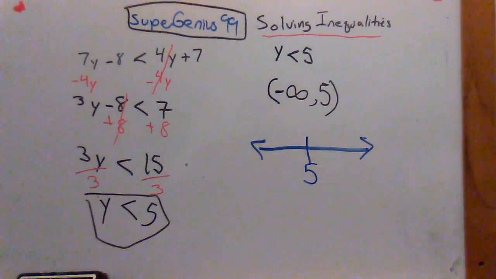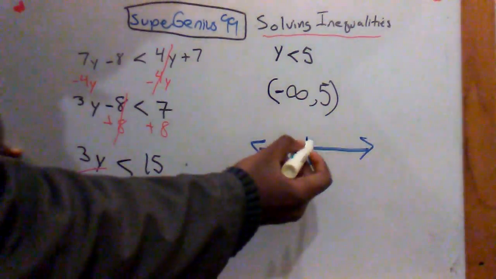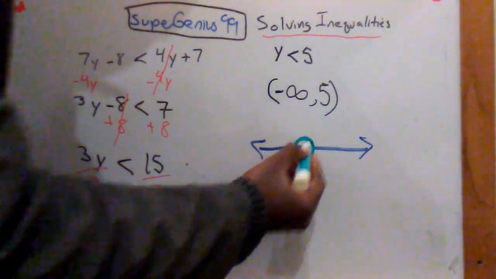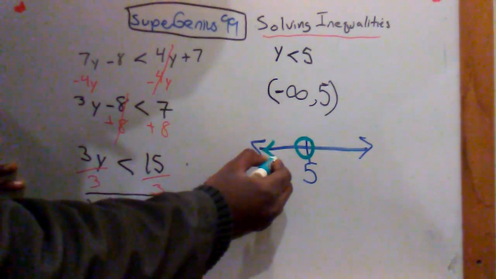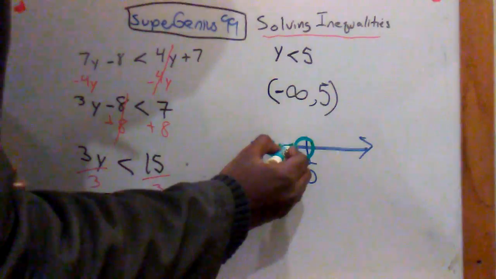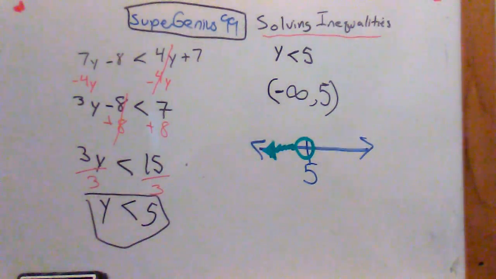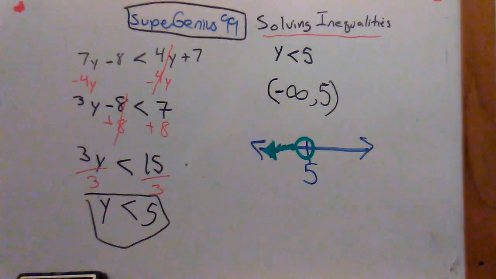And then shade what is less than 5. So you could use an open circle, arrow, and shade. Okay, and there we have it. Let's look at another one.